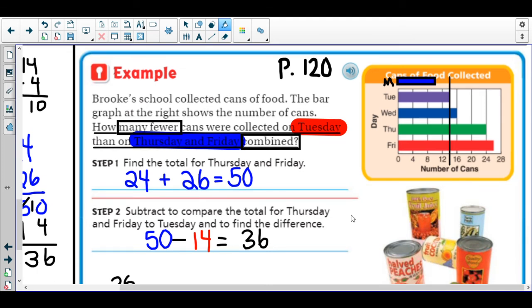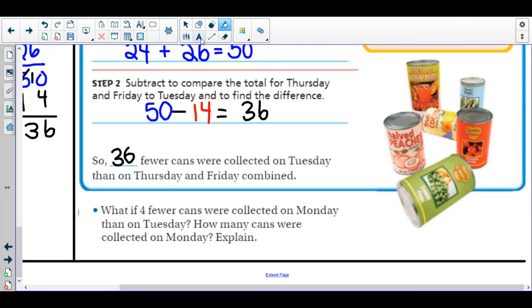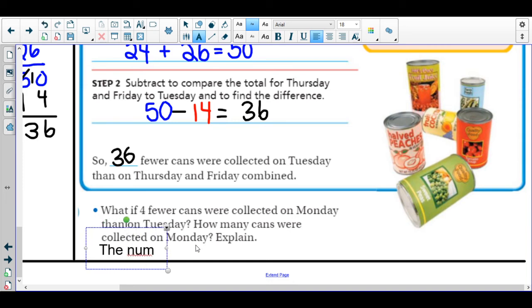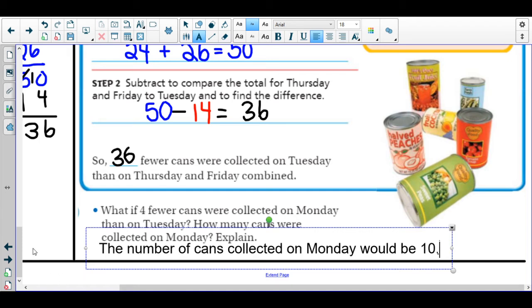Okay? So, how are we going to answer this one? Let's say number of cans collected on Monday would be 10. All right.